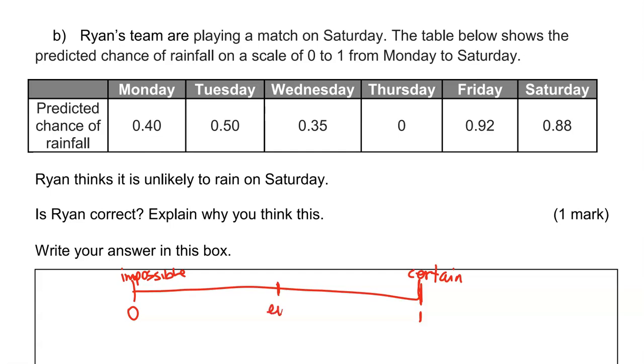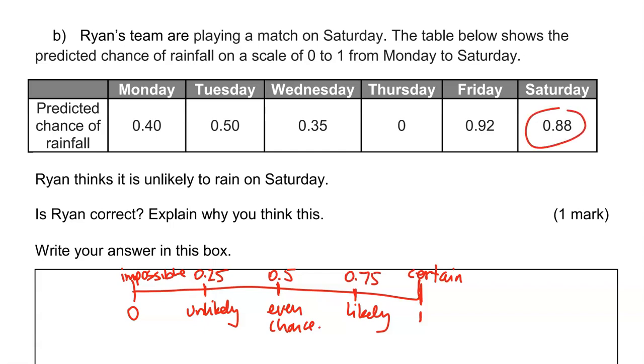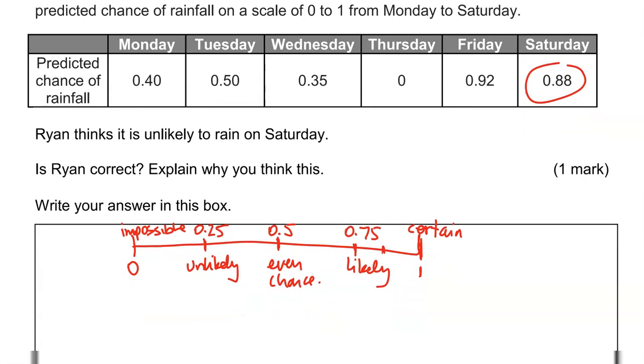And then even chance in the middle, unlikely, and then we have likely. So this would be 0.5, 0.25, 0.75, so roughly about. If you look at Saturday, that is 0.88, so around here. So it is likely, not unlikely.